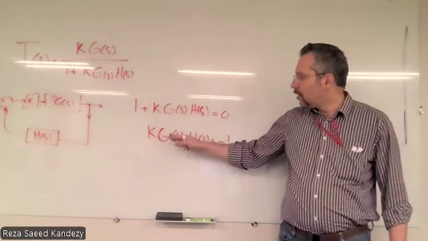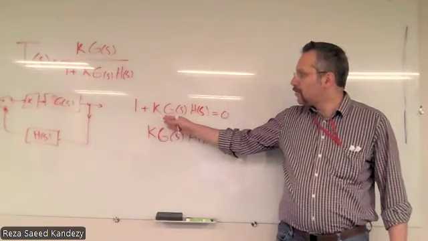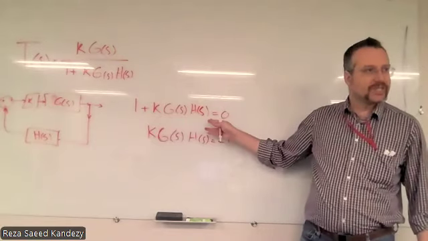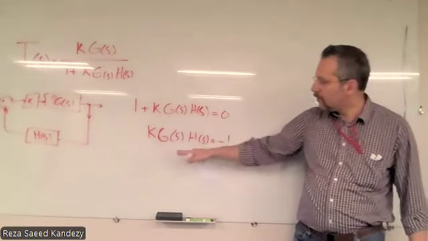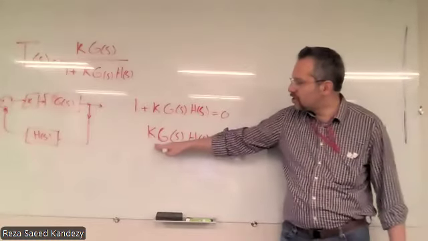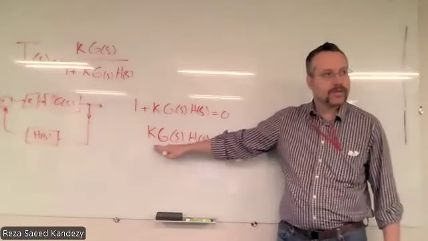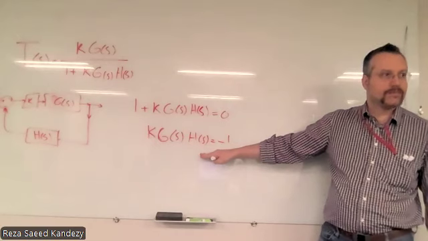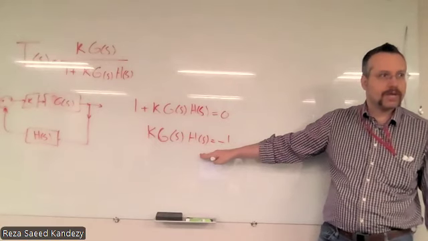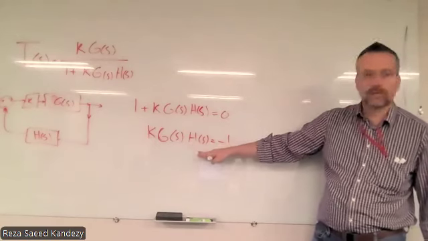Now, that means the poles are the S's that make this K G times H equal to -1. Okay? So those are the poles.